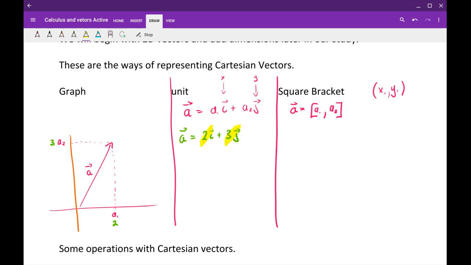And I don't know why they introduced new letters for this, but they did. For some reason, I always felt like they should just put an X with a vector symbol on top of it and a Y with a vector symbol on top of it. But whatever, they decided to do it differently.